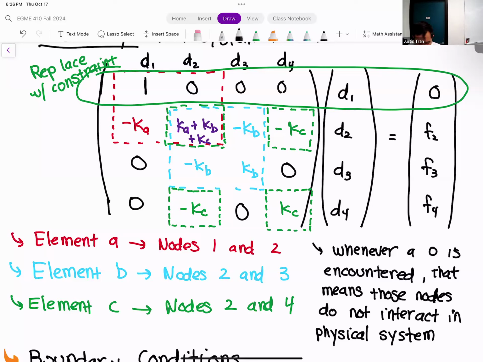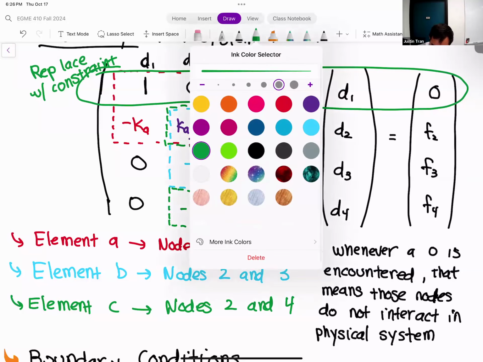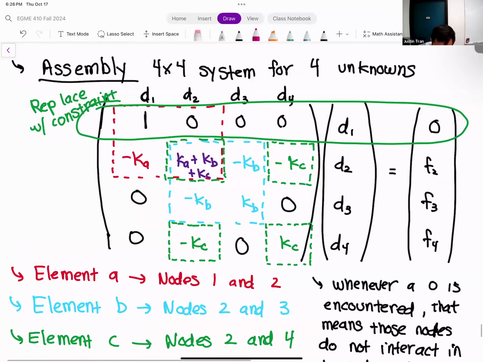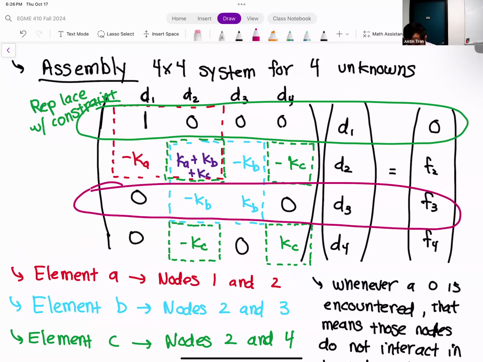If you were to have a constraint applied on any other node, let's say we have a constraint applied on node 3, this is just a hypothetical situation, so we're not actually applying this boundary condition here. Once again, you're going to erase that entire row and replace things with ones and zeros, but where you put the 1 is not in the first entry.